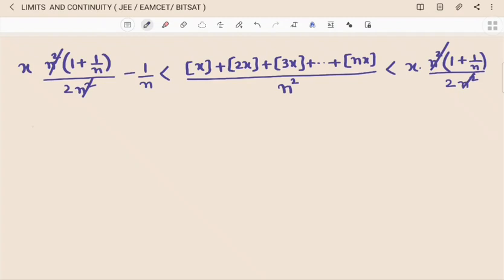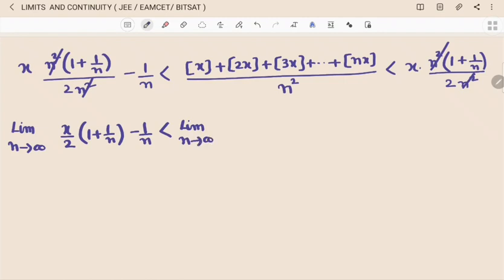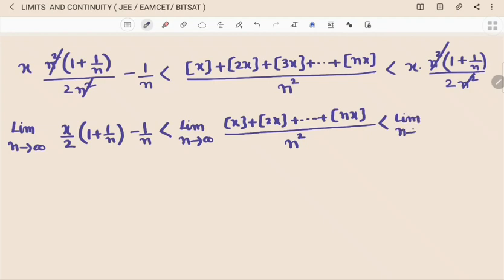taking n tends to infinity for every term in this inequality, limit n tends to infinity, x by 2 into 1 plus 1 by n minus 1 by n is less than limit n tends to infinity, step x, step 2x plus and so on, step nx by n square is less than limit n tends to infinity x by 2 into 1 plus 1 by n.